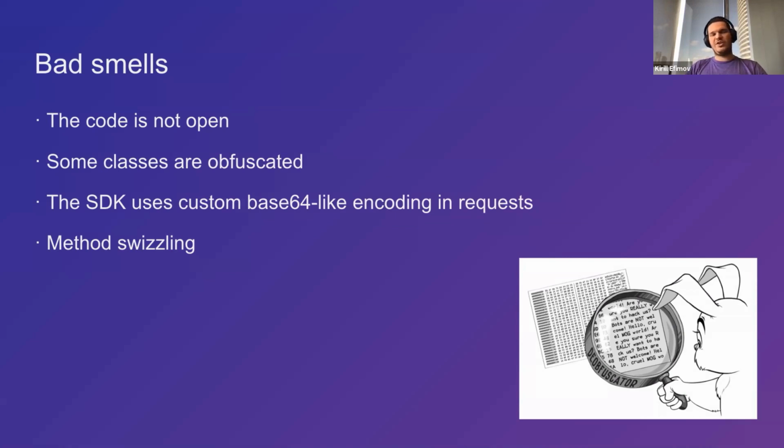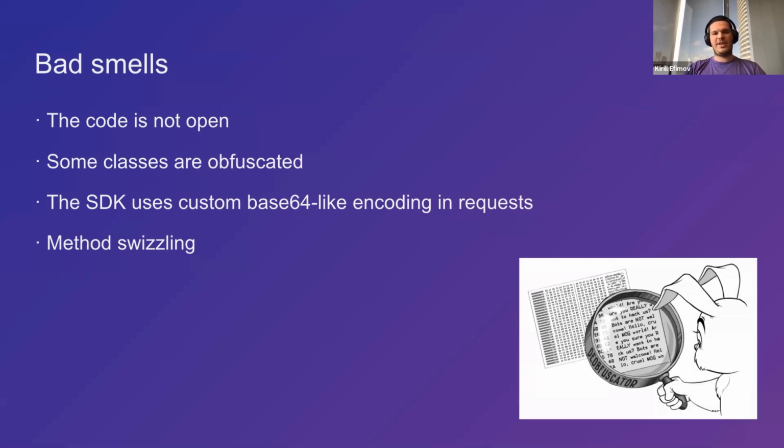Some of the strings were encoded using a non-standard base64-like encoding. Eventually, we found that the SDK uses method swizzling. It's a process where you replace a native implementation of a method with your own implementation.